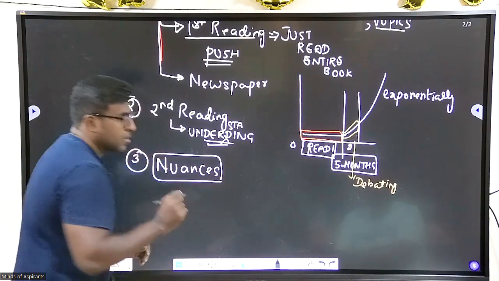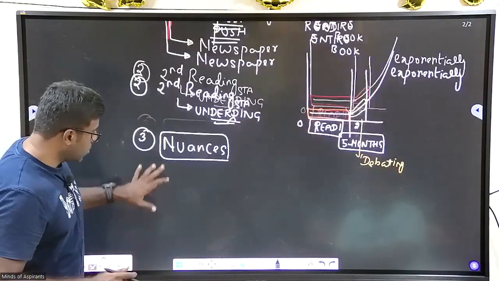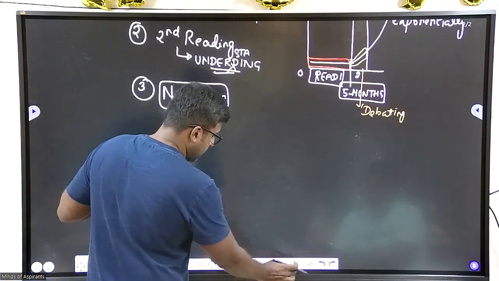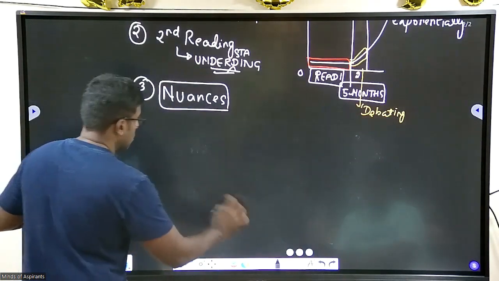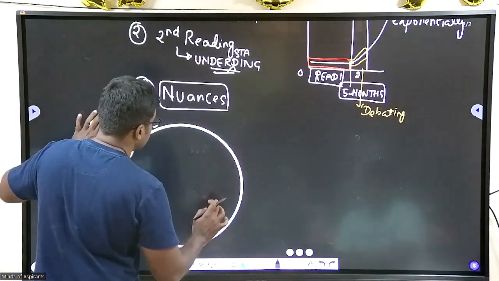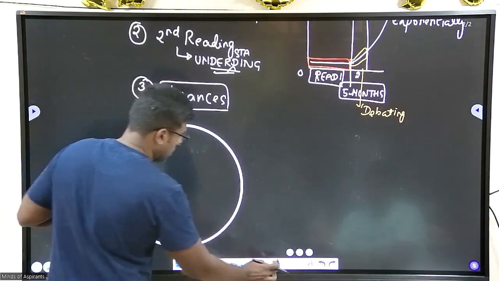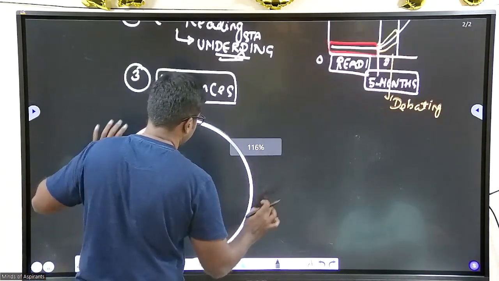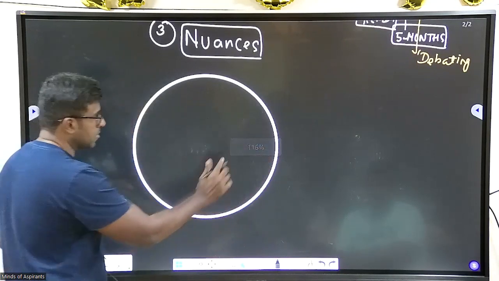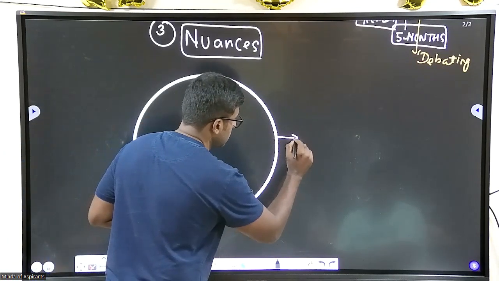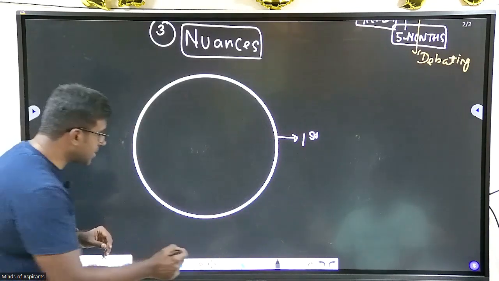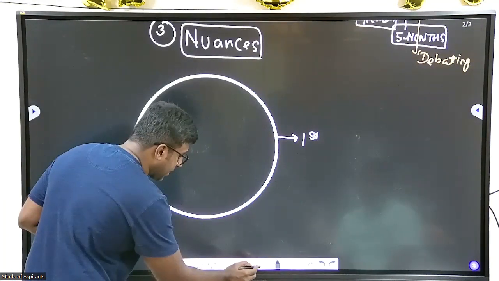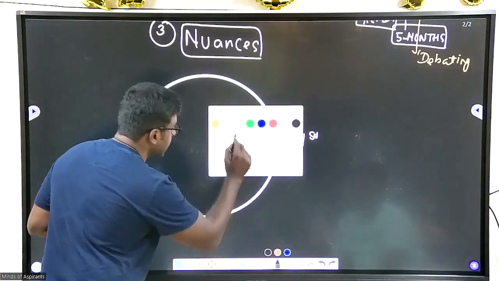It is like this, I'll explain. This is your first reading. The next reading is like coloring.